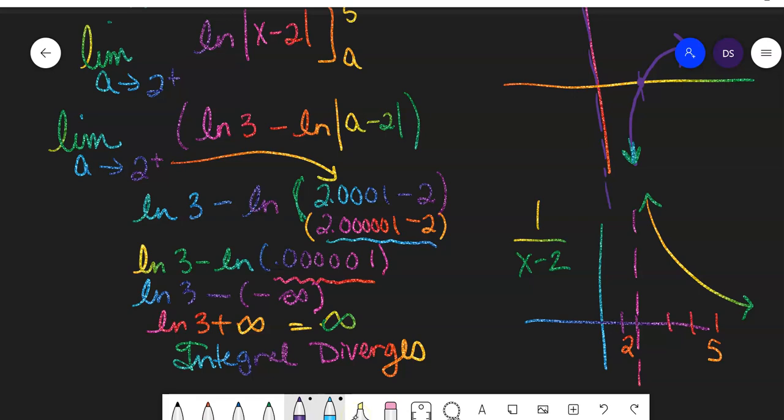So if you're finding the area from 2 to 5, you want to find this area, but if you think about it, this graph is never stopping. It's going up, up, up, up, up. So that area will never stop either. So in that case, our integral diverges, and that would be the conceptual or the graphical interpretation of what we just found. So the answer would be infinity, and the integral diverges.